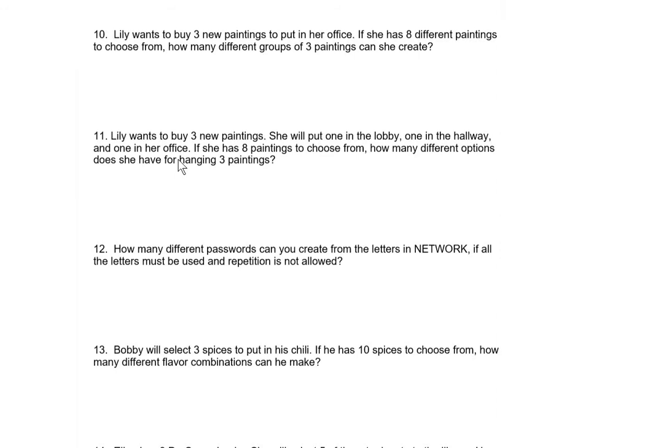So on both of these, I have a group of things that I'm choosing from, and I've got 8 in that group, and I'm choosing 3 of the 8. Repetition is not allowed. What we need to decide here is whether they are permutations or combinations. If I am looking for just a group of things, then it is a combination. If order matters, it's a permutation.